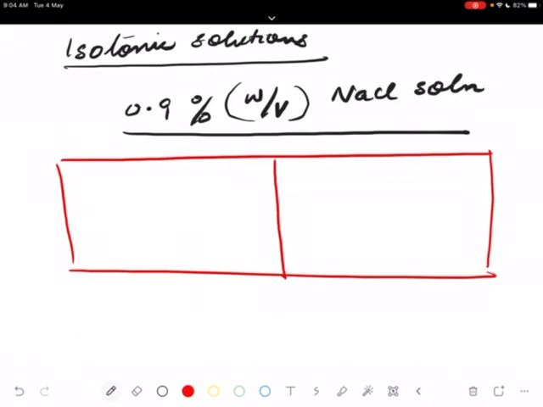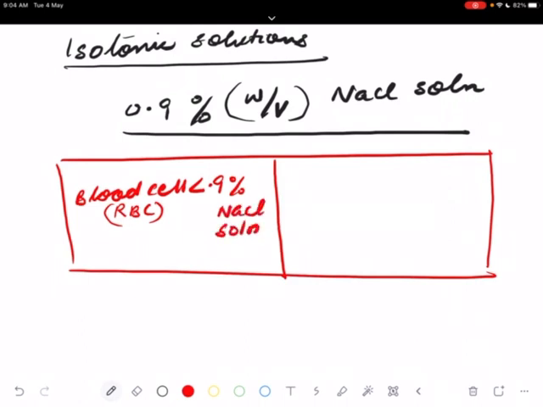In one case, blood cell, that is RBC, concentration less than 0.9% NaCl solution. Now, other case, blood cell concentration greater than 0.9% NaCl solution.